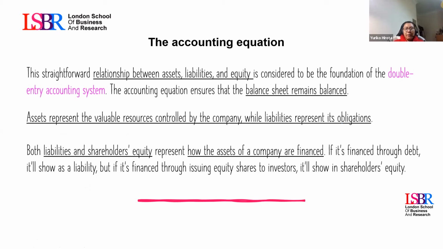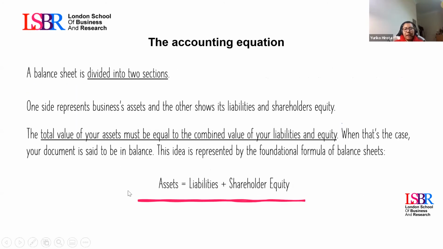I'm pretty sure that you have heard about the double entry accounting system. The double entry accounting system is basically this equation: assets equal liabilities plus shareholder equity.